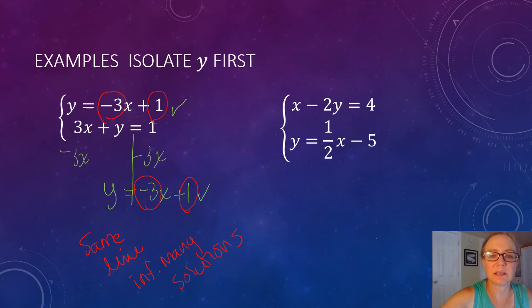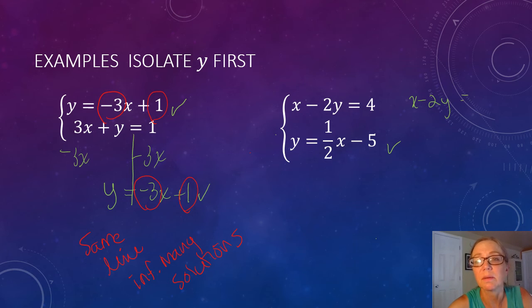In the second example, y is isolated already in the second equation. In the first equation, I have to isolate y. So I'm going to draw a line at the equals. I'm going to subtract x from both sides. That leaves me with negative 2y equals negative x plus 4.